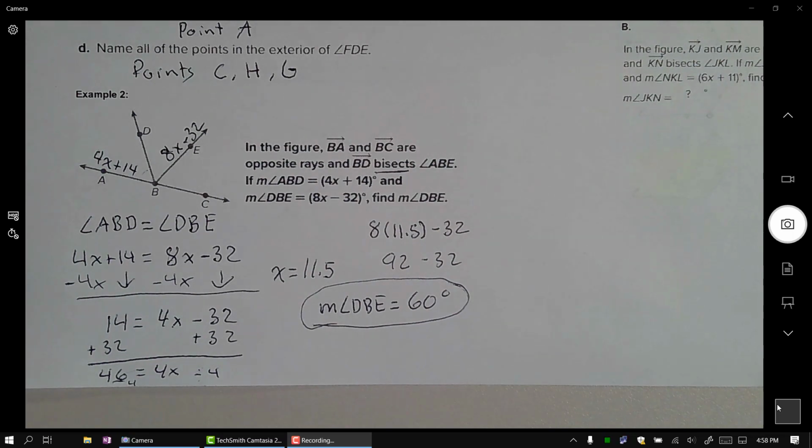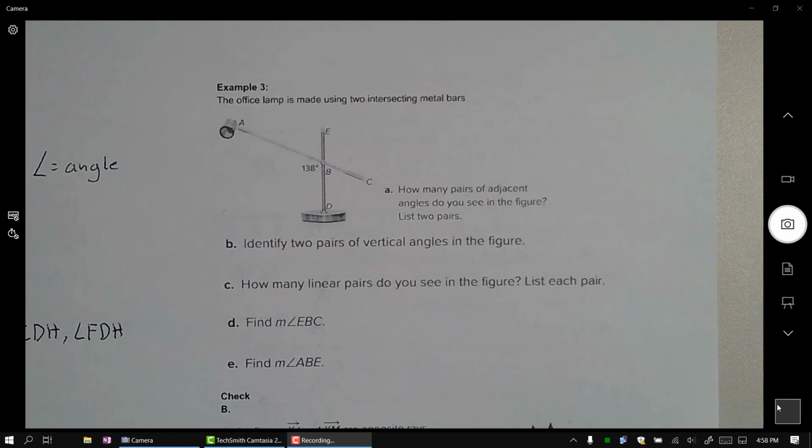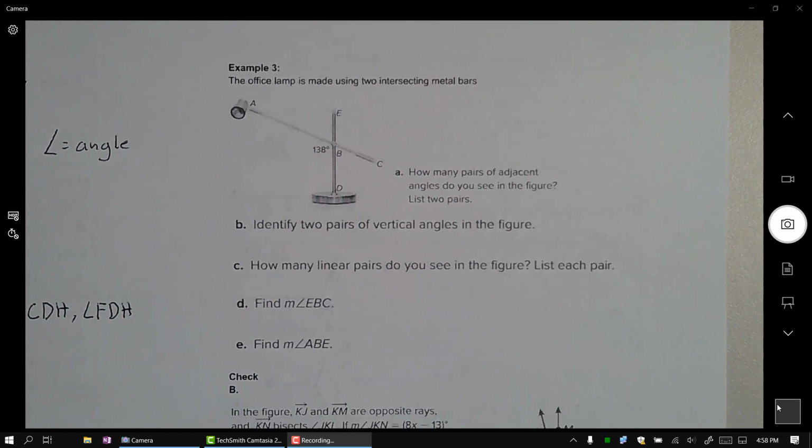And let's take a look at our last example, example 3. So this says an office lamp is made of 2 intersecting metal bars. So let's identify some information. How many pairs of adjacent angles do you see in the figure? And let's list 2 pairs.